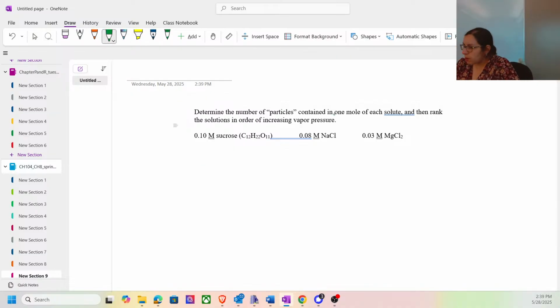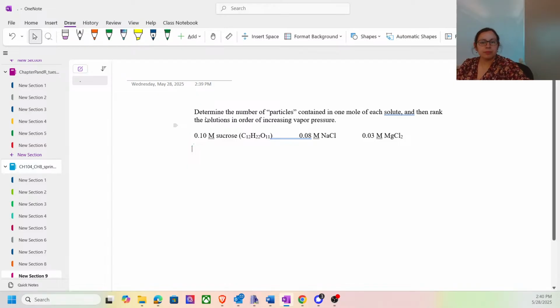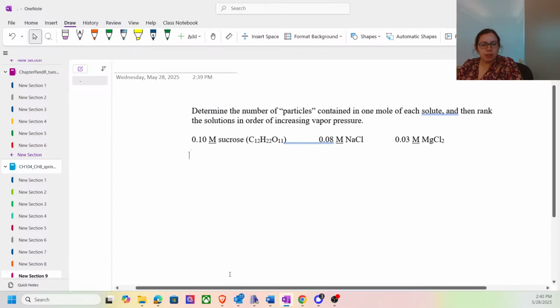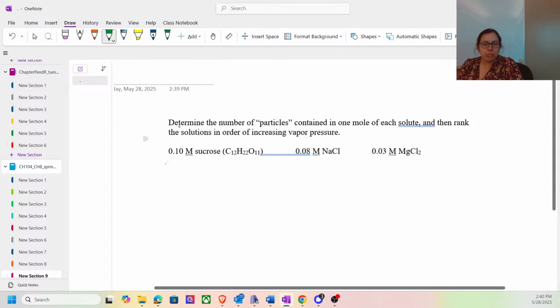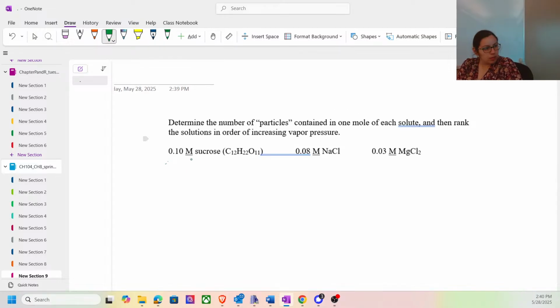But before we even worry about how to rank them or anything, we need to figure out what their true molarities are. So does sucrose dissociate? Or how many particles does it dissociate into, we should say? I guess I'm really asking what its Van Hoff factor is.